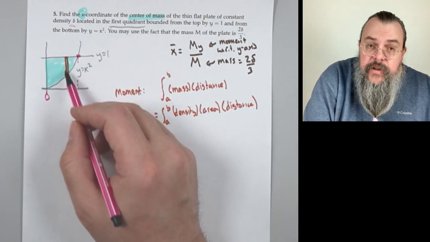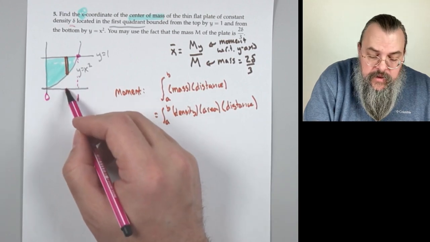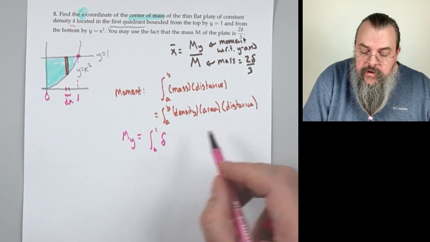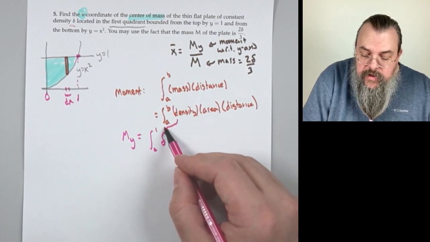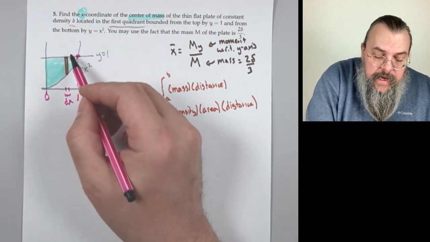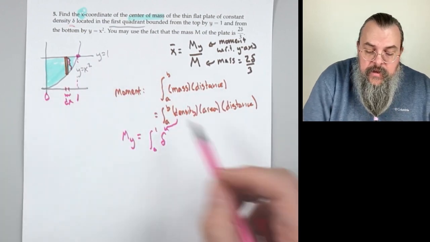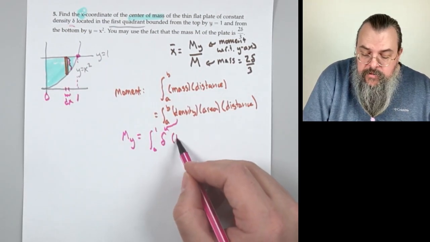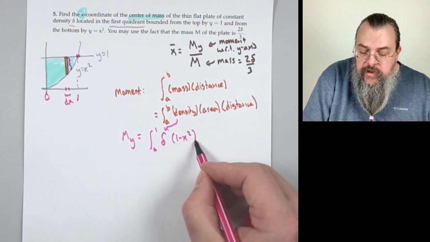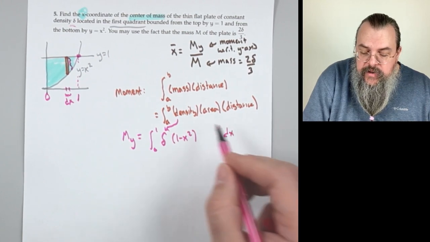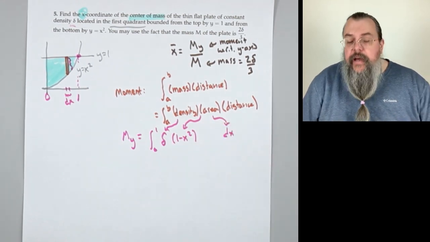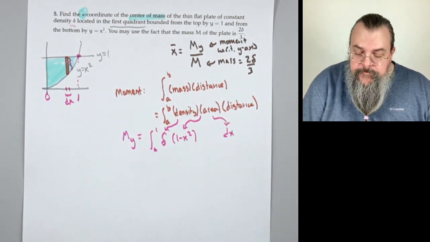So here's our little slice. The thickness is our dx. Okay, so density there. And our height is going to be from the top to the bottom. So it's 1 minus x squared. And I like to put the dx at the end. So our 1 minus x squared dx, that's our area.